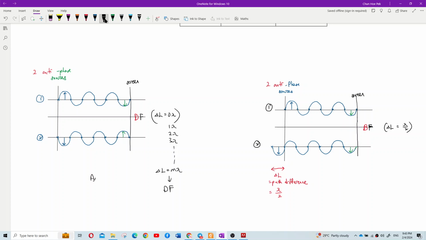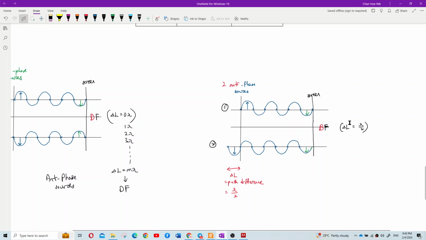For anti-phase source. So for two anti-phase sources. But for this one, bright fringe, the delta L, the next one will be 1.5 lambda, 2.5 lambda, and that means delta L is equal to m plus half lambda.